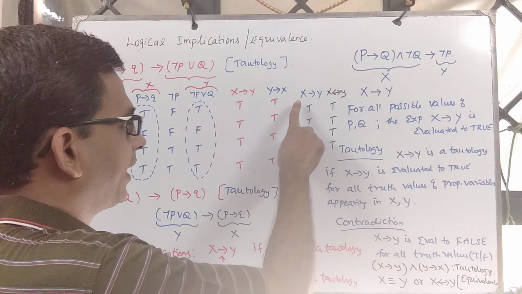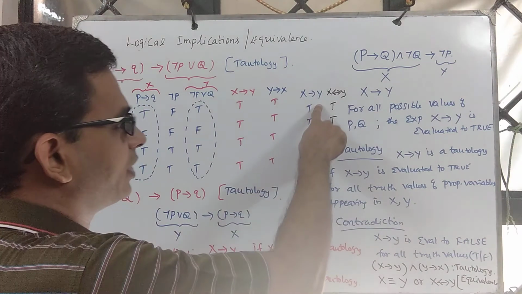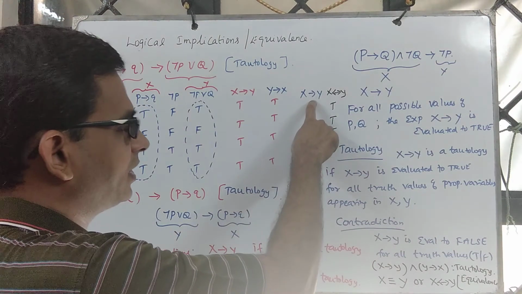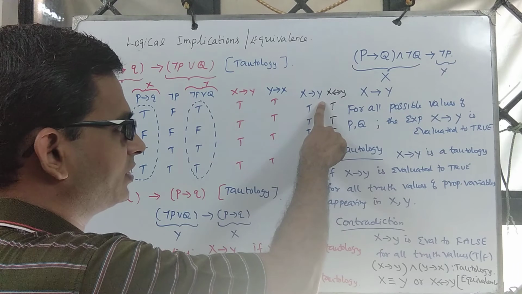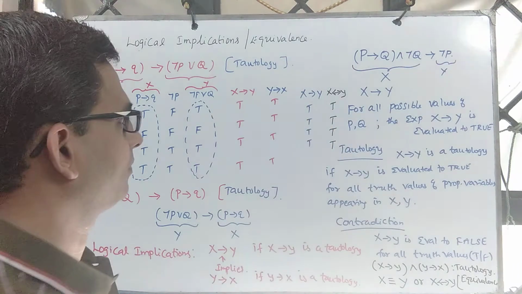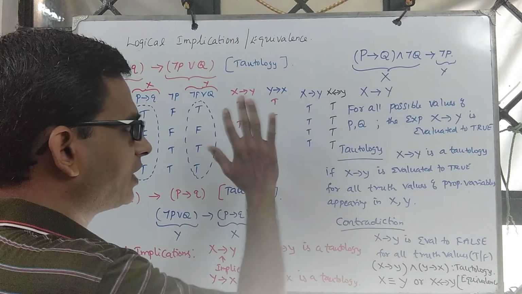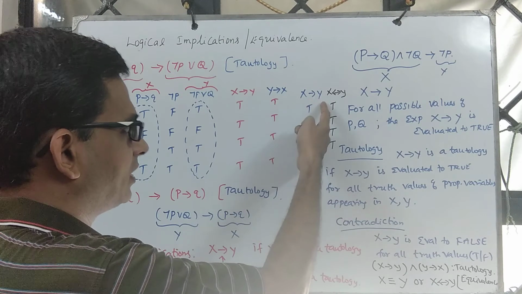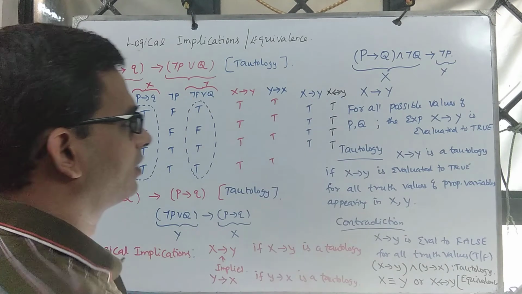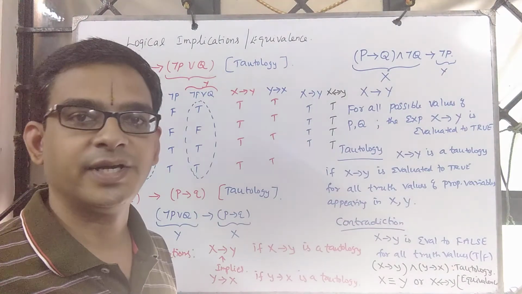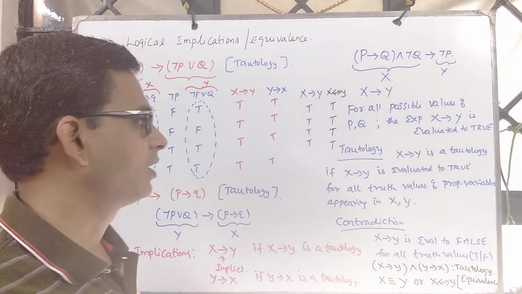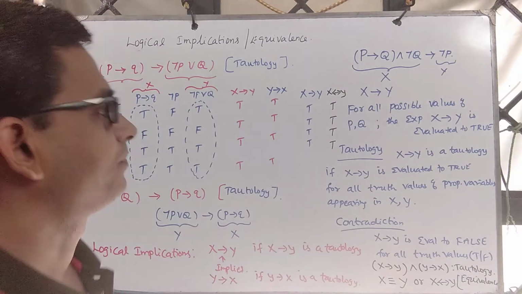If X conditional Y is a tautology, then X implies Y. If both are true, X implies Y is a tautology and Y implies X is a tautology, that is equivalent to saying X biconditional Y, and they are equivalent.